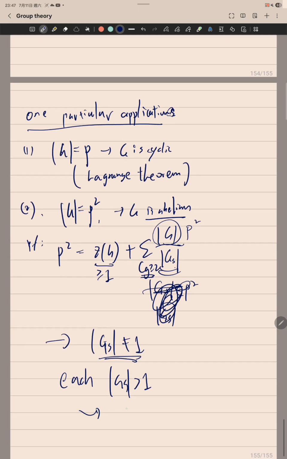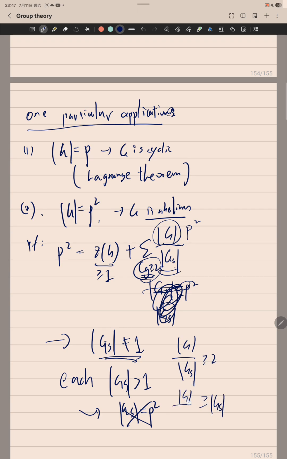And moreover, this |G_s| cannot be p squared, because I say |C_G| is greater than or equal to 2, so |G| divided by |G_s| is at least 2. So |G_s| is at most |G| divided by 2, so |G_s| is greater than 1 and less than p squared.